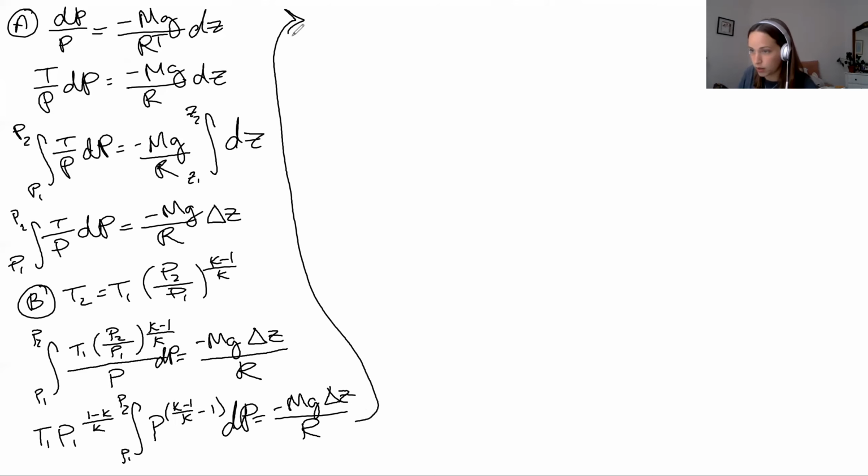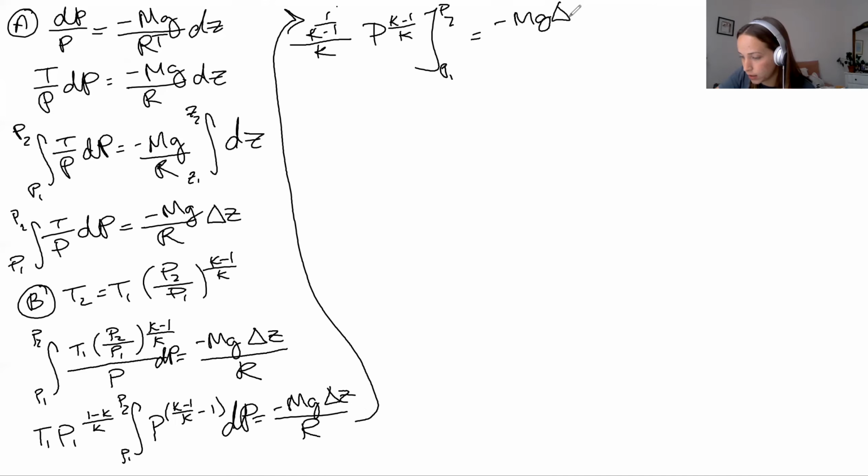Okay, so now we are going to evaluate the integral. So it's going to be 1 over K minus 1 over K times P to the K minus 1 over K, from that initial pressure to the final pressure, is equal to our right-hand side.